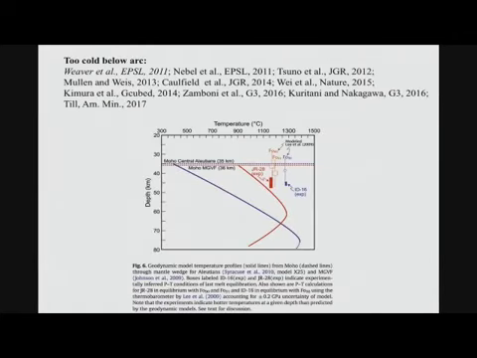So we can quantify this a little bit. Here's a paper from Paul Wallace's group, where there's experimentally determined temperatures of last equilibration, which all sit at about 1,200 degrees Celsius or so, right at the Moho.